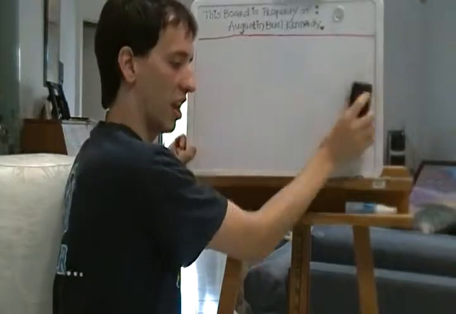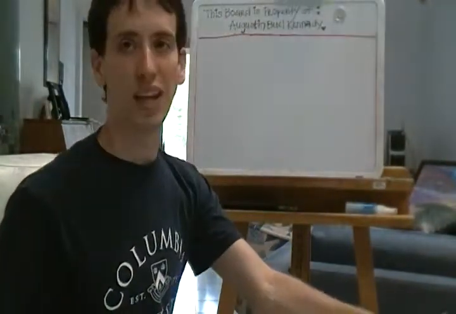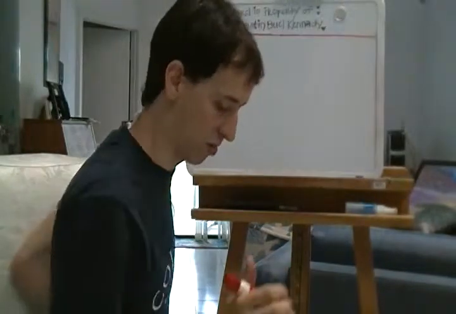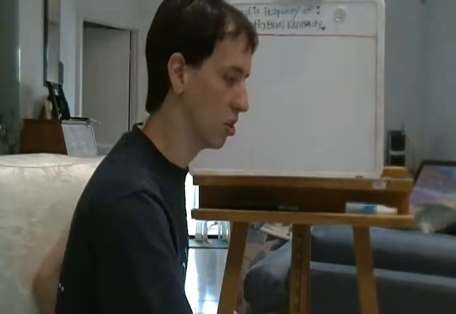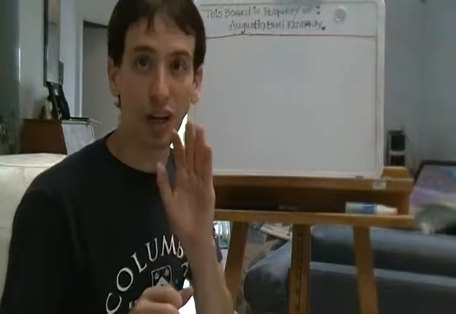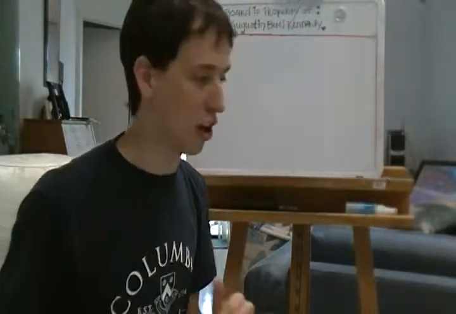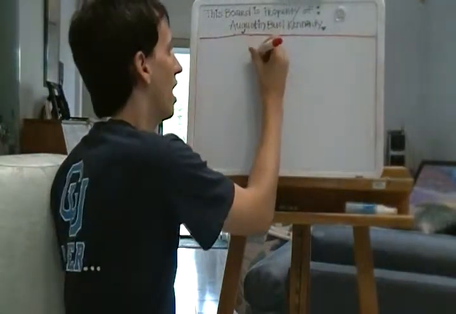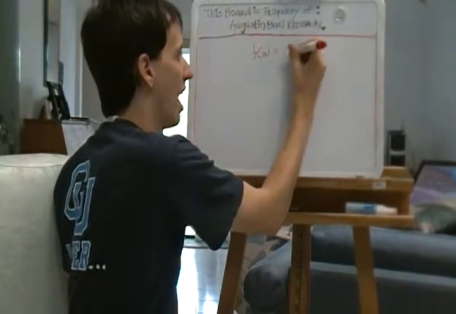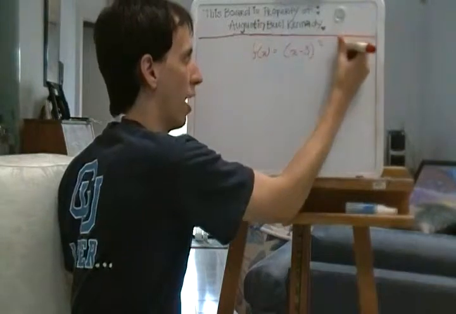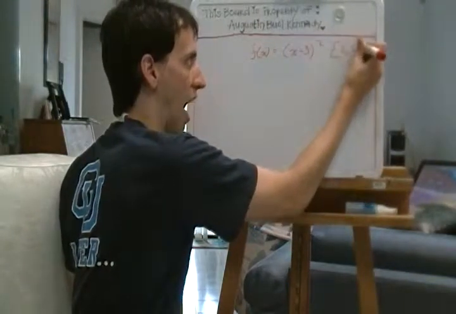Now the final question I gave you was basically just a super big recap on the average value of a function. I asked you to do 3 things with this function. The function I gave you is f of x equals (x minus 3) squared on the interval 2 to 5.